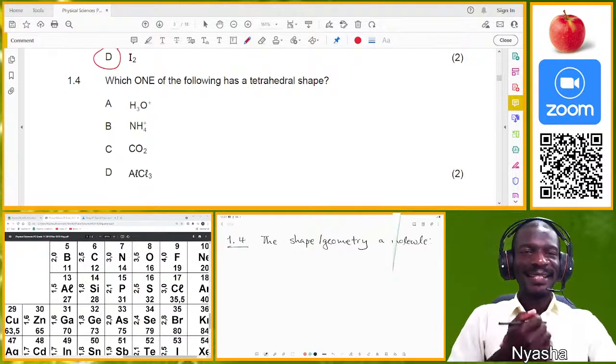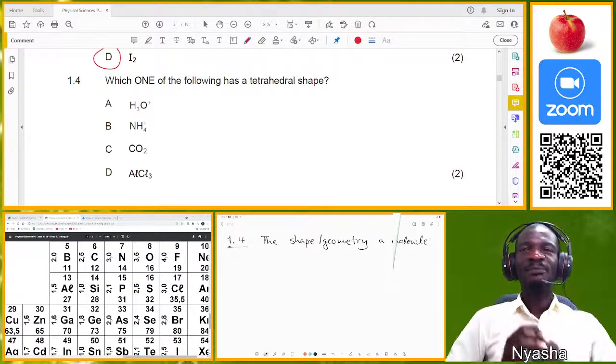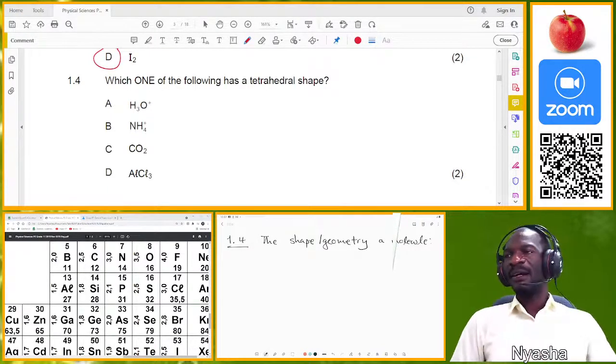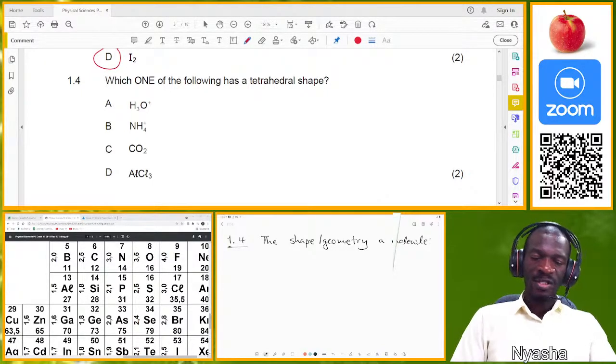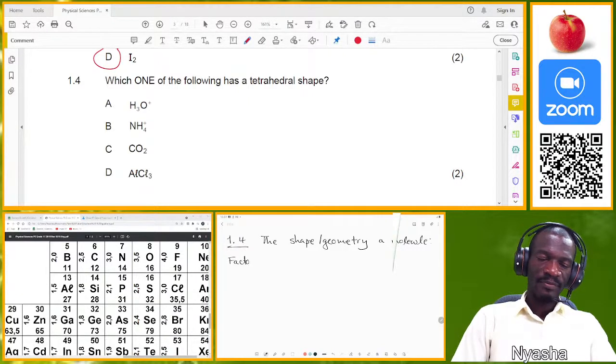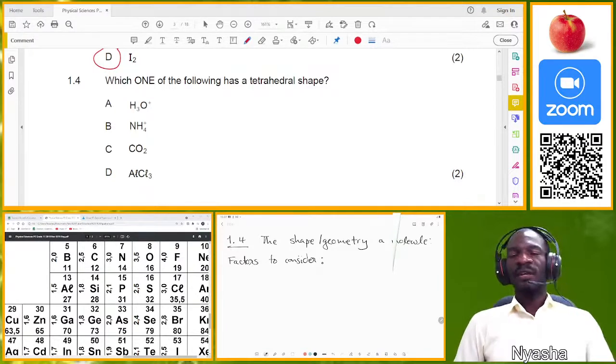So what are the necessary factors that we check to determine the geometry of a molecule? These are the factors to consider.